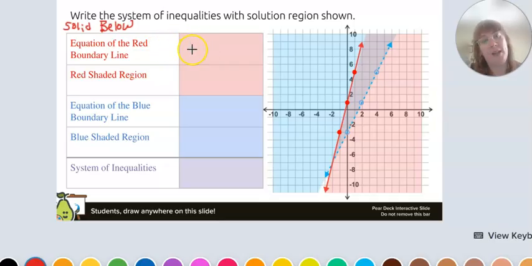So it's going to be less than or equal to. Put a y in the front. Our slope is going up 1, 2, 3, 4 and over 1. So it's a 4x. And then our y-intercept right here is at a +1.